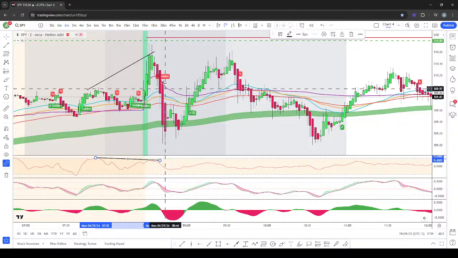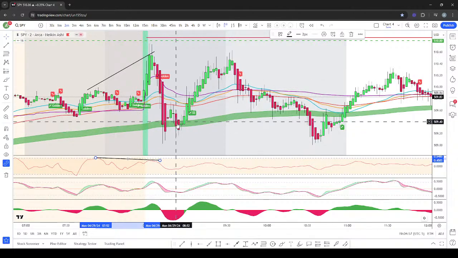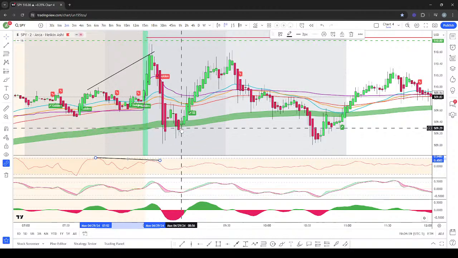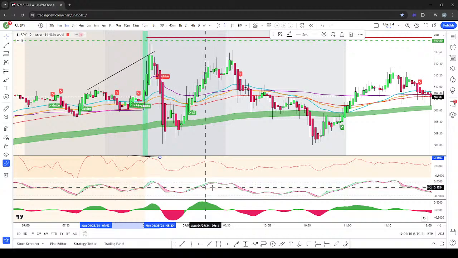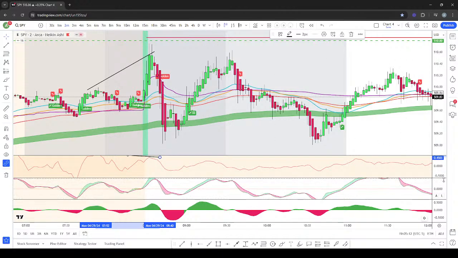Now right here, this is also another H pattern, but this side of price actually stayed higher than this. So this is where you really want to look carefully and see if a divergence is in hand.